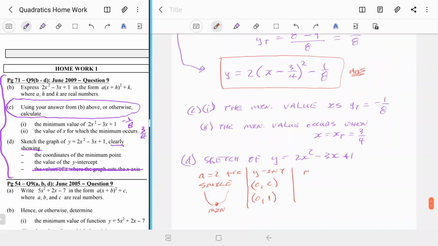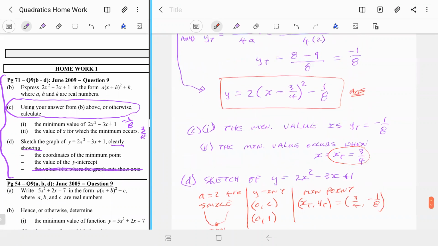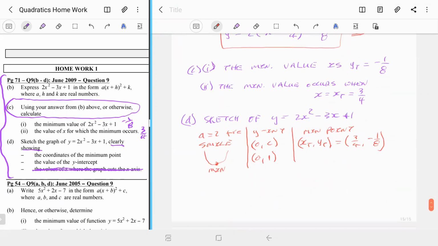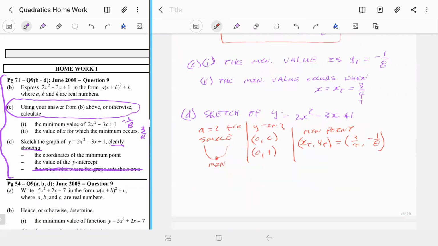The minimum point is the point (xt, yt). The xt value is 3 over 4, and the yt value is negative 1 over 8. That's all you need to do to sketch.